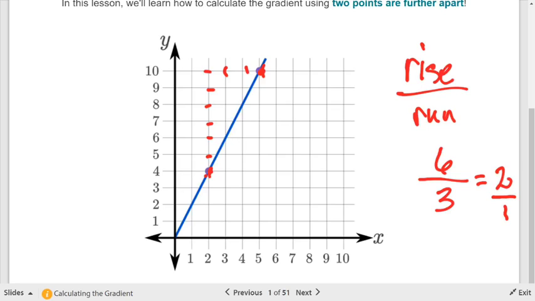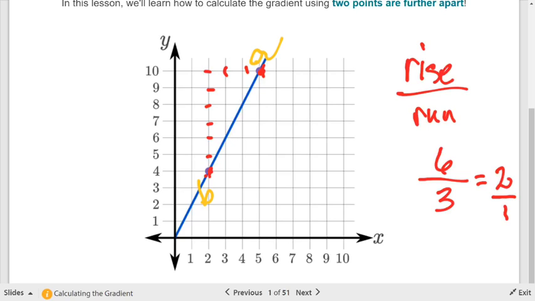Now, be careful. If you don't count rise over run, then you're going to get the wrong answer. But I do want to show you this. What if I had decided that I wanted to count from this point, let's call it A, down to this point, B? Could I count it down and still get the same answer?